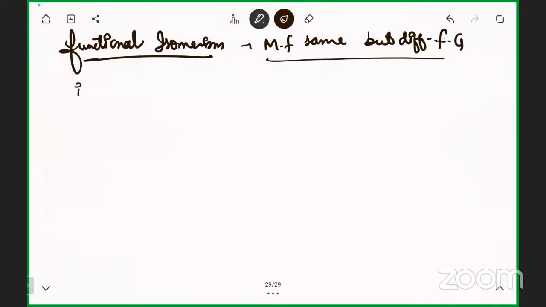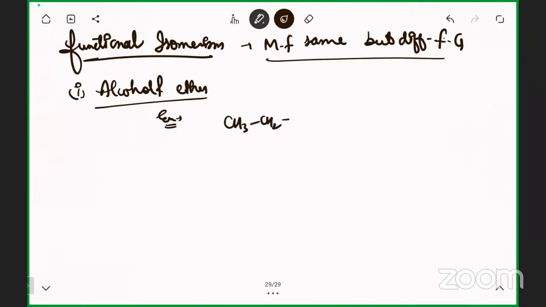For example, the first category I'm taking is alcohol and ether. For example, ethanol, CH3CH2OH, and CH3OCH3, which is called methoxymethane.